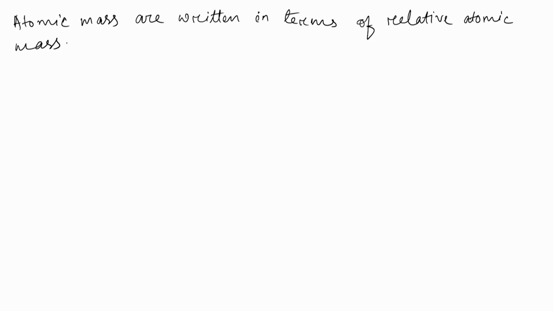So, the fact is that atoms are so small that atomic masses are actually very small quantities. Now, there are various modern advanced techniques to measure atomic mass accurately. But in older times, there were no such technologies.